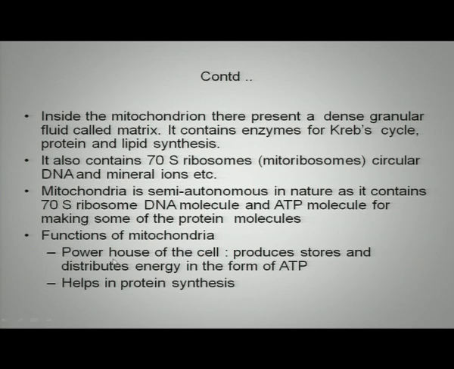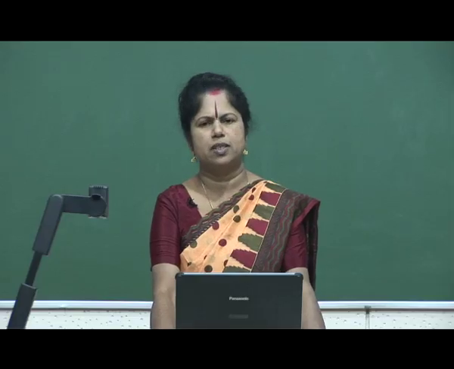Mitochondria are known as the powerhouse of the cell. They produce, store, and distribute energy in the form of ATP molecules. Moreover, they help in protein synthesis because all the machinery needed for protein synthesis is present inside the mitochondrion.